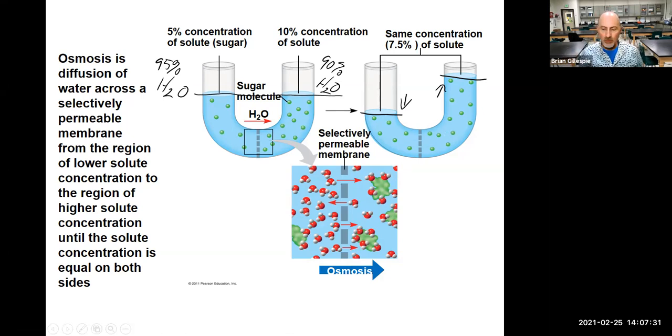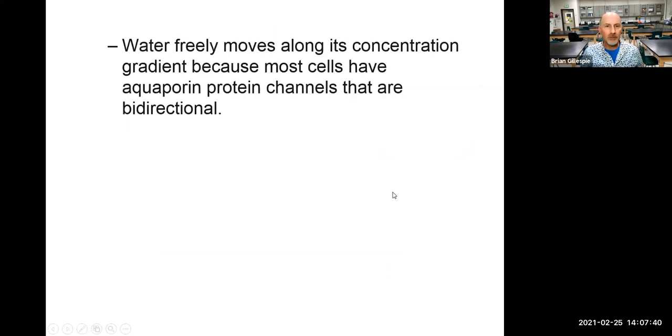So this is really important because cells always have these selectively permeable membranes that can prevent the movement of some solutes from one side to the other. Now, why does this happen in cells? Well, it's because almost all cells create very special protein channels in their membranes called aquaporins.